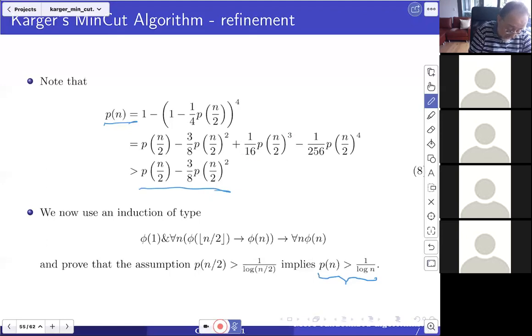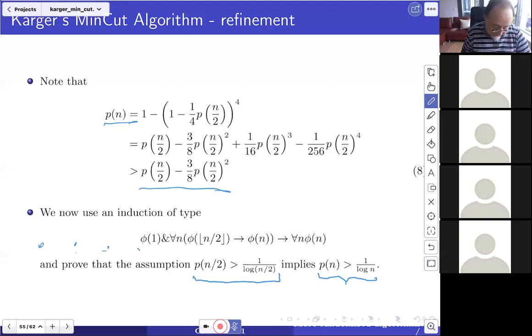So if P satisfies this recursion, then the claim is P of n must be larger than 1/log n. We prove this by a fast induction, in which you progress by doubling or regress by dividing by 2. So we assume that the assumption is true for n/2, and then we show that in this case, it's also true for n.